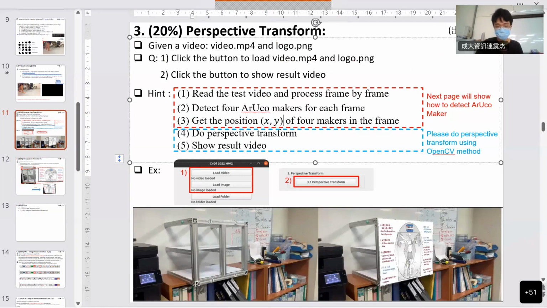That's right. Get position X, Y for each marker, for each frame. Each marker, for each frame.